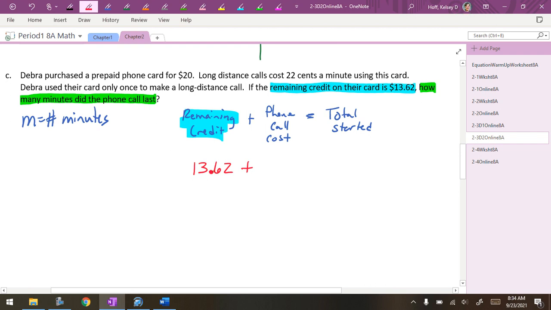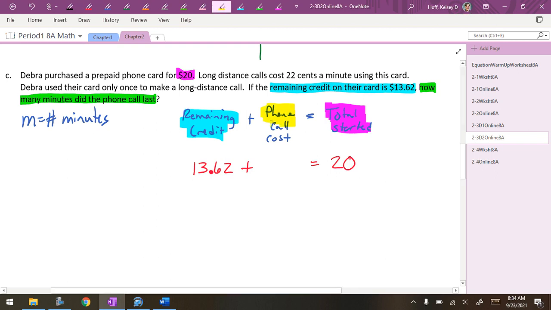Anybody tell me anything else? Well, the other two, you know, Jack? 20 is what we started with. She bought that card with $20 on it. Okay? We're going to equal this to 20 because that's what we started with.